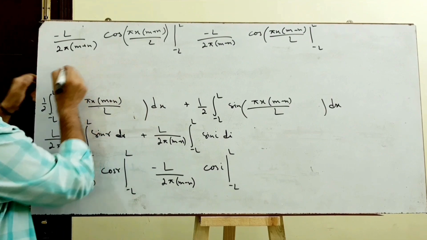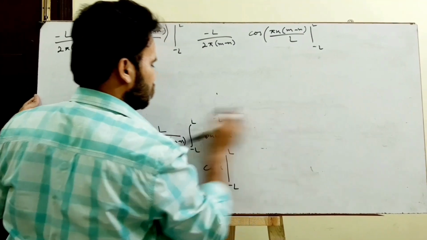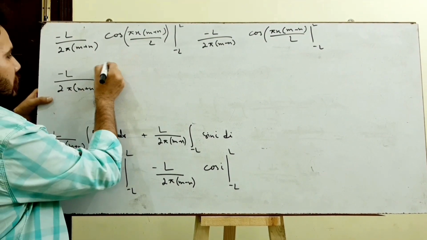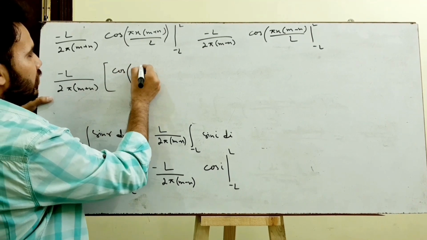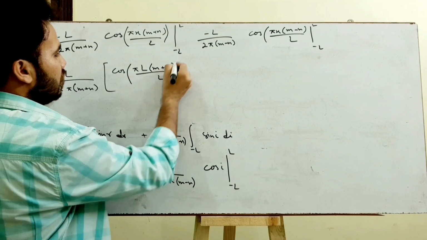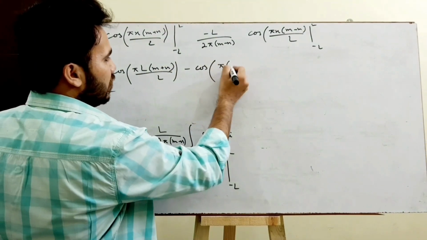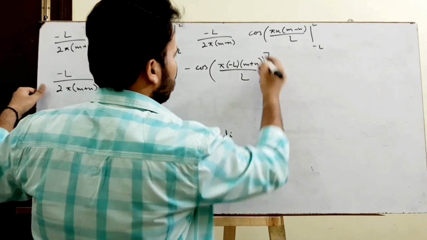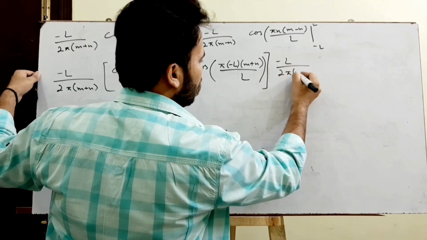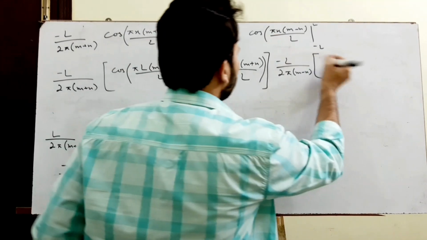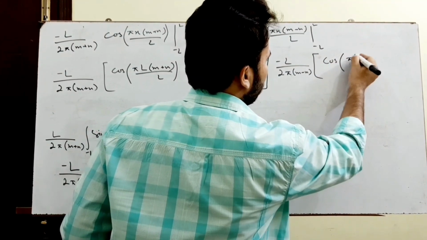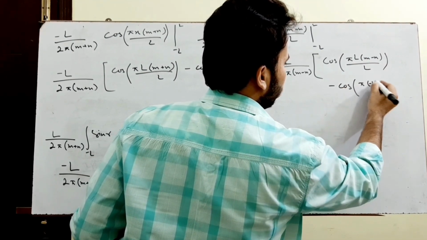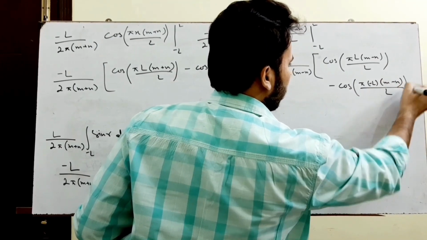By the fundamental theorem of calculus, we have negative L over 2 pi (m plus n) times [cosine(pi L (m plus n) over L) minus cosine(pi (negative L)(m plus n) over L)], and here negative L over 2 pi (m minus n) times [cosine(pi L (m minus n) over L) minus cosine(pi (negative L)(m minus n) over L)].